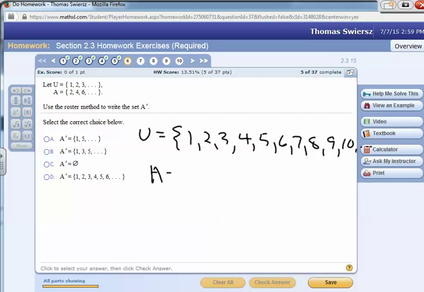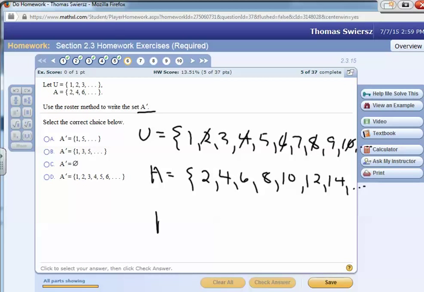A, if we follow the pattern, is the even numbers: 2, 4, 6, 8, 10, 12, 14, and so on. So A complement is we take away the even numbers, 2, 4, 6, 8, 10, and we'll be left with the odd numbers.